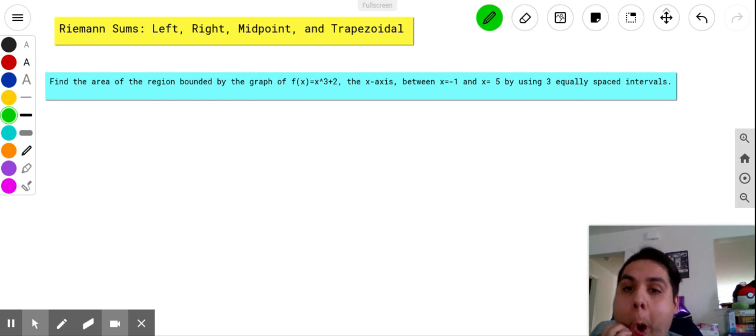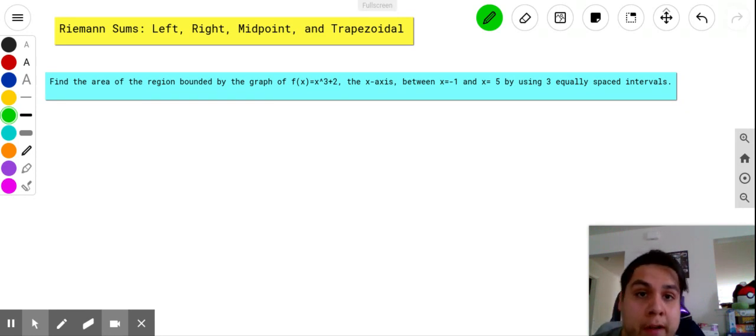So, we're going to find the area of the region bounded by the graph f of x is equal to x cubed plus 2, the x-axis, between x equals negative 1 and x equals 5 using 3 equally spaced intervals.